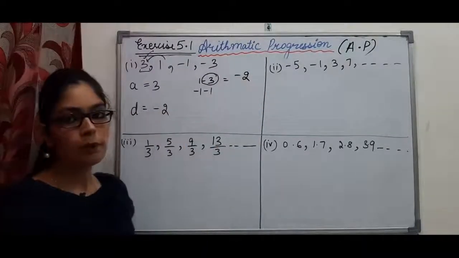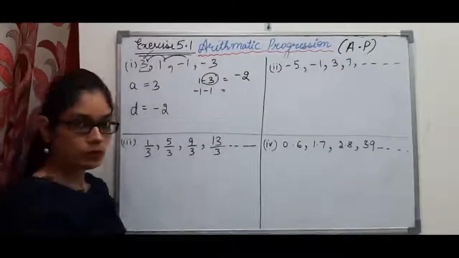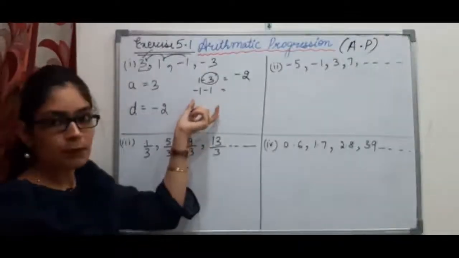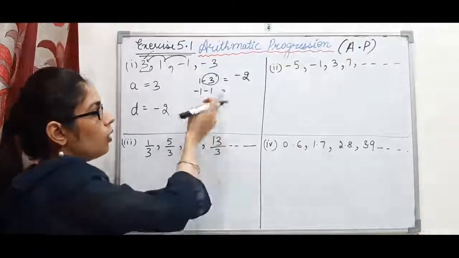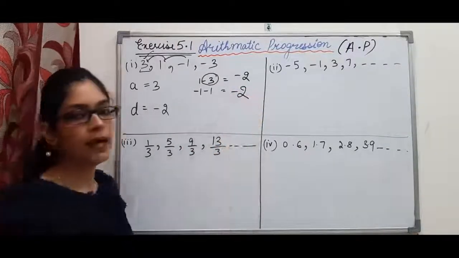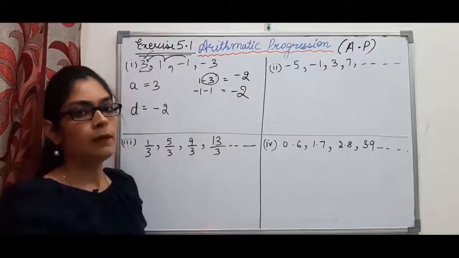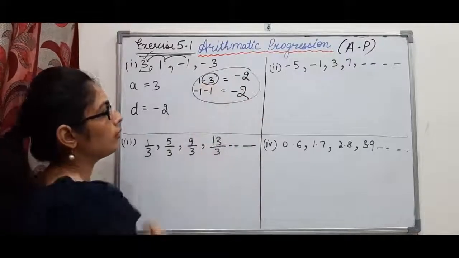D is equal to minus 2. You can check by subtracting these two terms also, minus 1 minus 1. Minus minus is plus, with the sign of the bigger number. So both give the same answer, minus 2, or you can always remember minus minus is plus with the minus sign. So the common difference is minus 2.